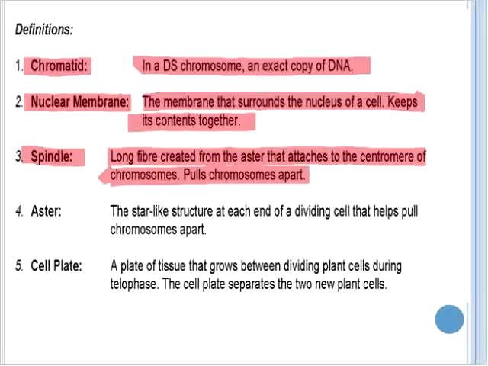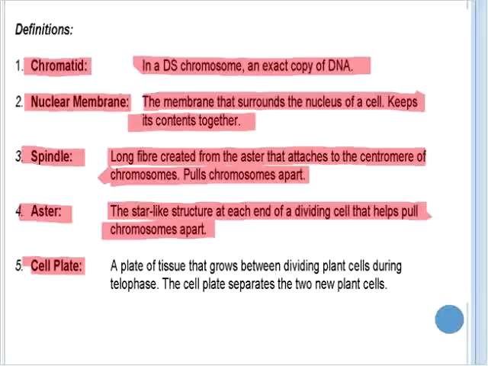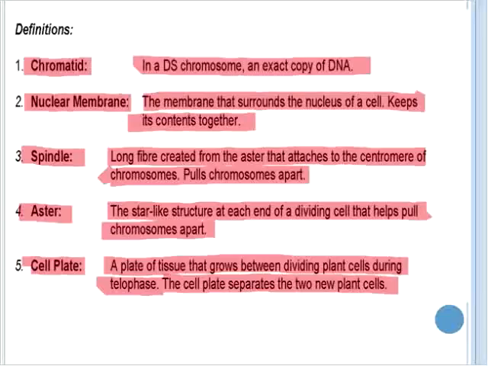It pulls the chromosomes apart. The aster itself is the star-like structure at each end of a dividing cell that helps pull the chromosomes apart. And the cell plate is a plate of tissue that grows between dividing plant cells during telophase. The cell plate separates the two new plant cells.